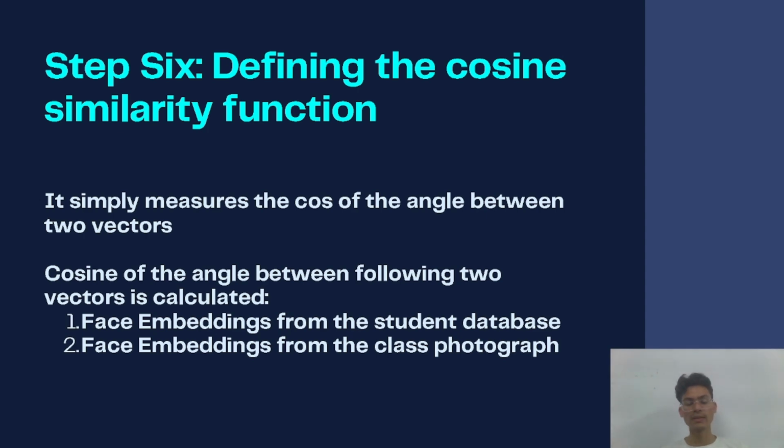So these similarities are matched, and the maximum similarity is calculated. Actually the best match is calculated, and whatever is the best match, you match that student from the database to that face from the class photograph. And this is done using a simple dot product. a dot b is equal to mod a mod b cos theta.